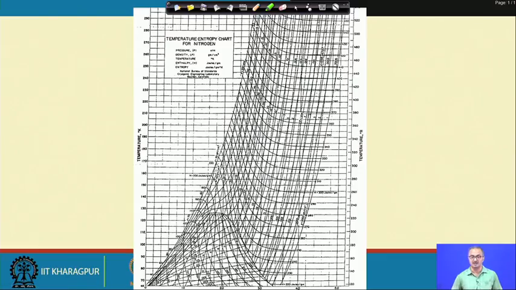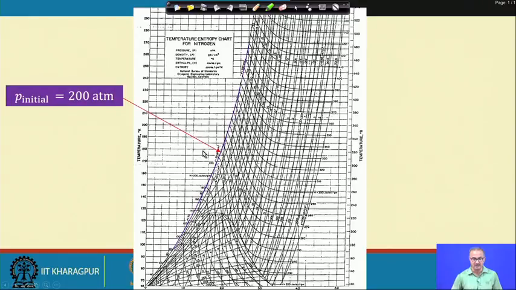Now, first let us start with the TS diagram of nitrogen, which you can find in any standard thermodynamics book. We see that here we have this 200 atmosphere isobaric line, and the final pressure is 100 atmosphere, so we also locate this isobaric line.